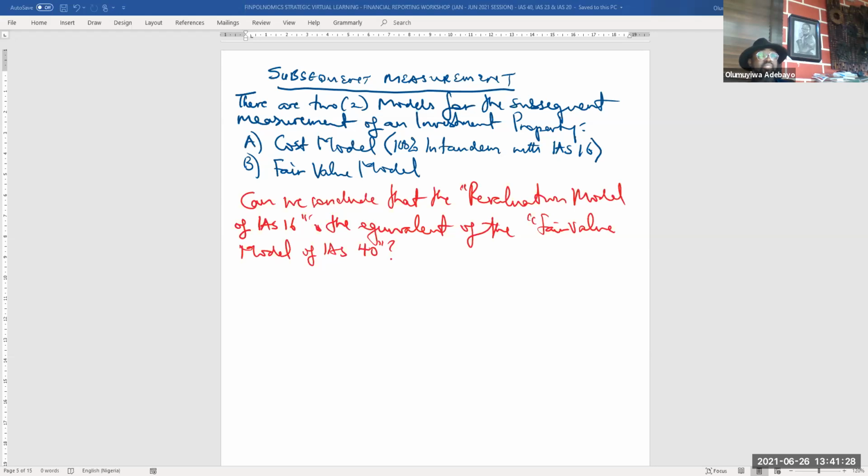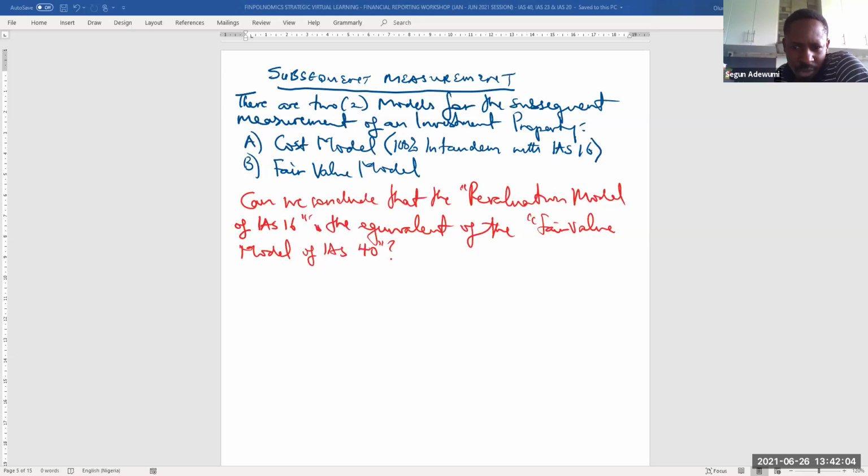Okay, who will contradict what he is saying? Making a distinction between the two is still very, very difficult. I must be honest with you. But I think it has to do with what goes into the P&L, what goes into the income statement. Like the revaluation model, we all know that any increase or decrease in value will affect either the P&L or the OCI, depending on how the flow is.